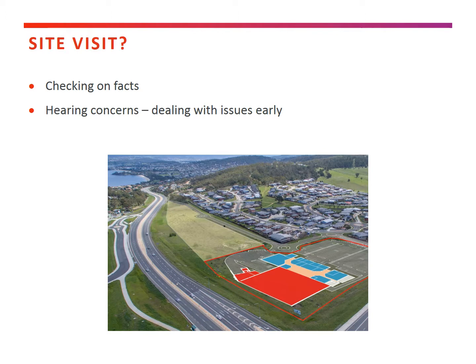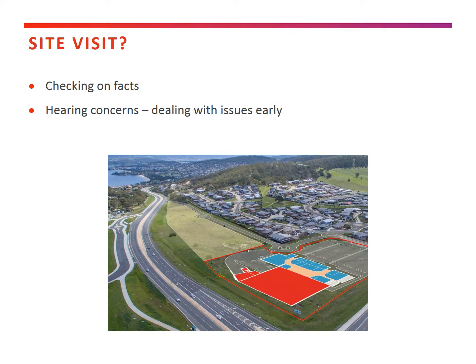It might be that the representatives are able to withdraw their representation based on what happens on site, that maybe they misunderstood, or maybe there's some way in which they can be appeased.